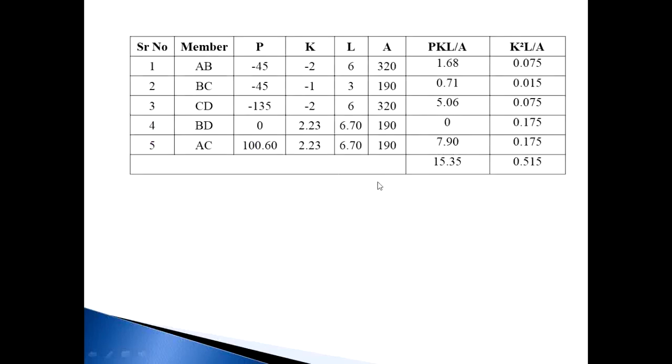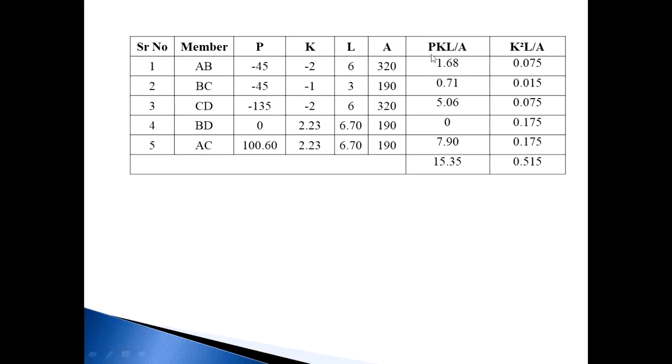So tabulate all P forces, K forces, length, area in this table for all members. For member AB, P is minus 45 kilonewton, K is minus 2, length for AB is 6, and area for AB is 320. Similarly, put BC, CD, BD, AC: all P forces, K forces, corresponding length and corresponding area.